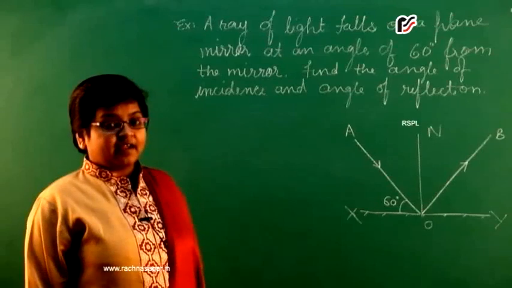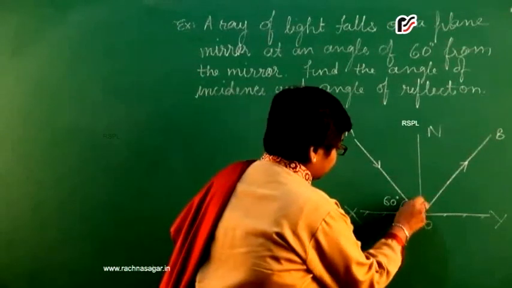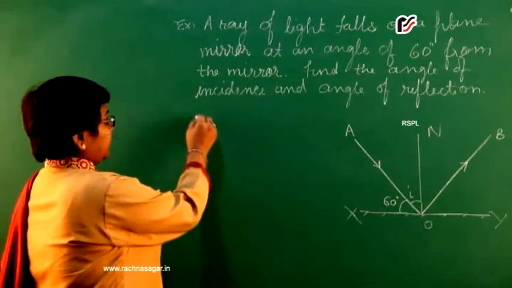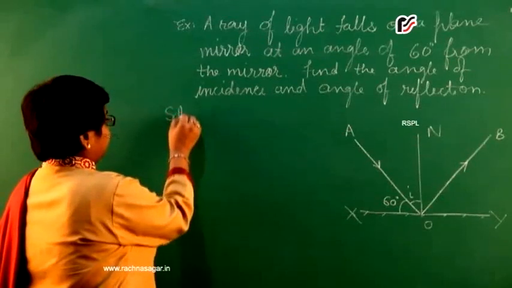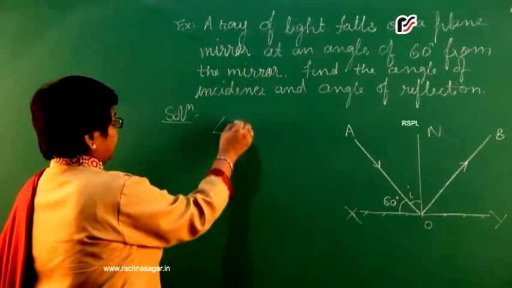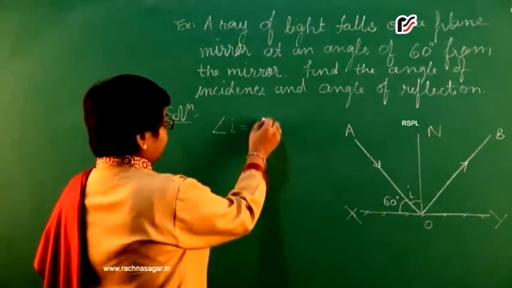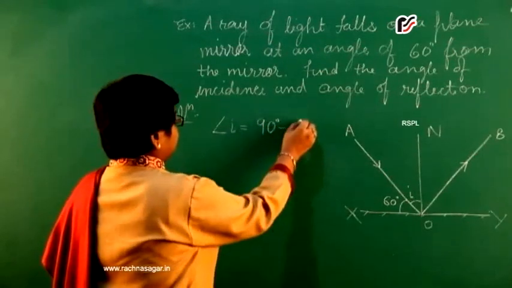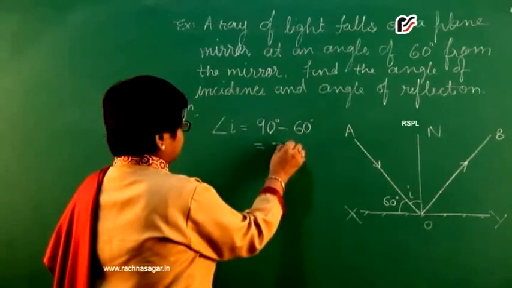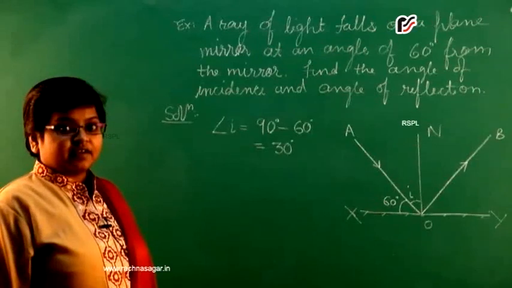We have to find the angle AON, this one. Here, angle i equals 90 degrees minus 60 degrees, that is 30 degrees.